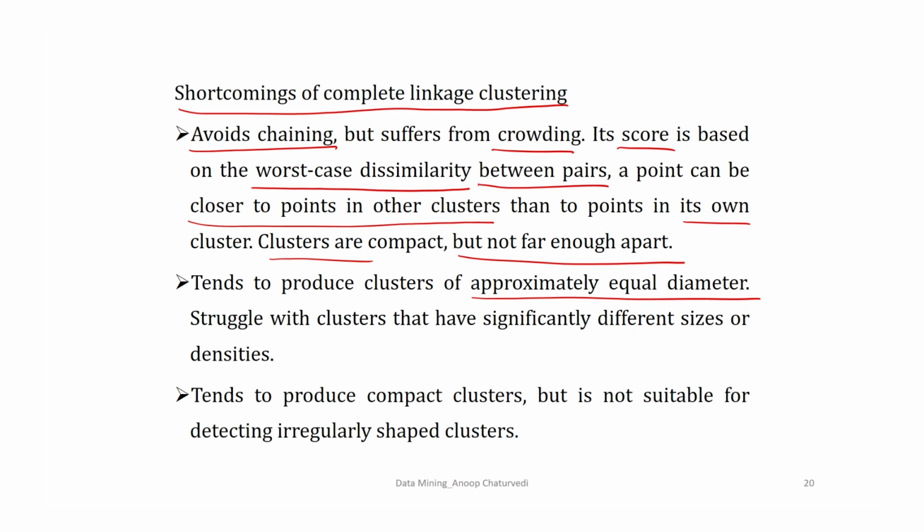So, if the clusters are significantly different in sizes or densities, then with complete linkage clustering you face problems. Again, as we discussed earlier, it tends to produce compact clusters, but it is not suitable for detecting irregularly shaped clusters.